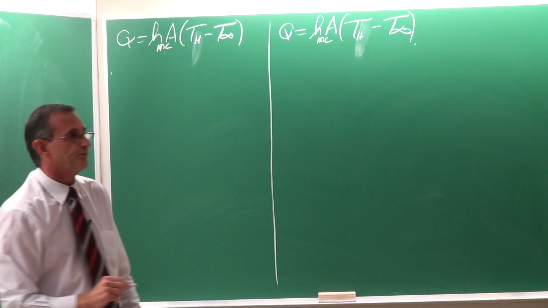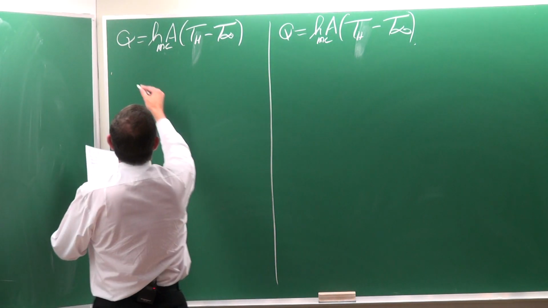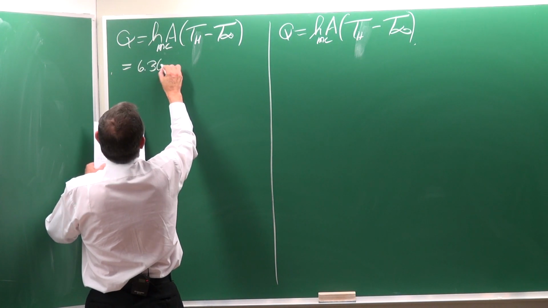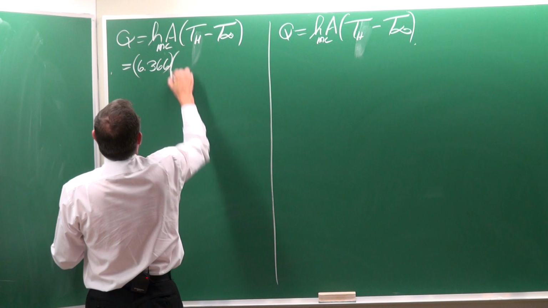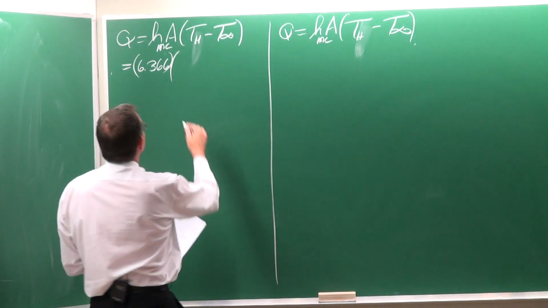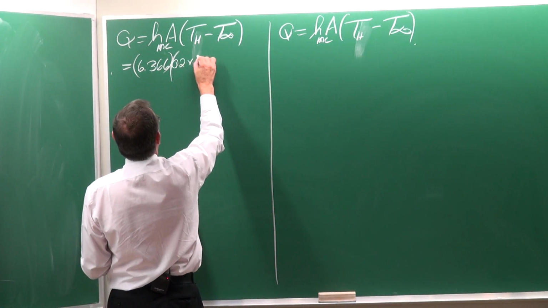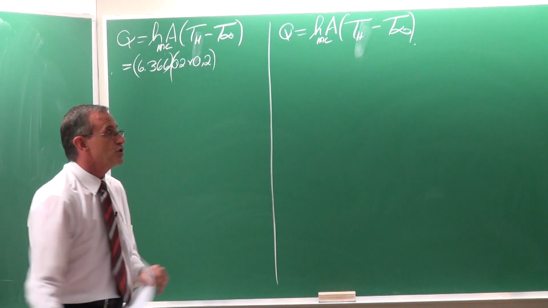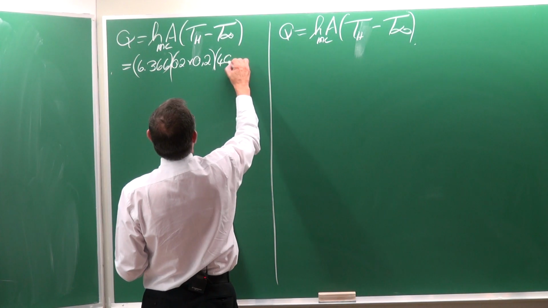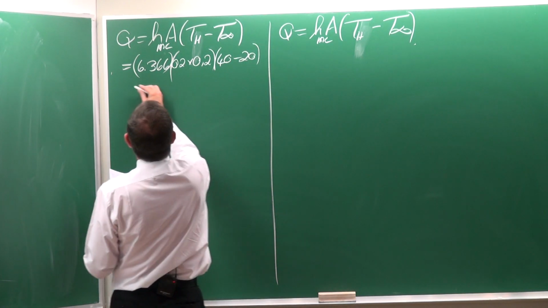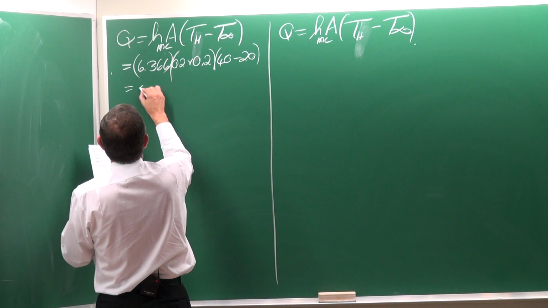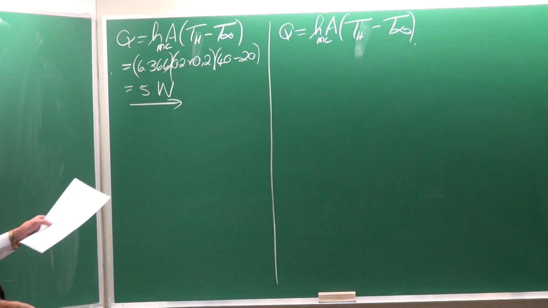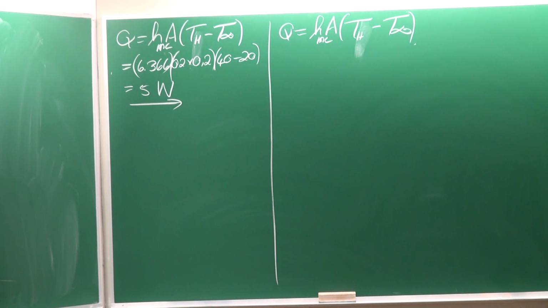Okay. So the calculation on this side: the heat transfer coefficient is equal to 6.366, multiplied by the surface area. The surface area is 0.2 multiplied by 0.2, multiplied by the temperature of the plate, which is 40 minus 20, and that gives us a heat transfer rate of about 5 watts, 5.091 or so.